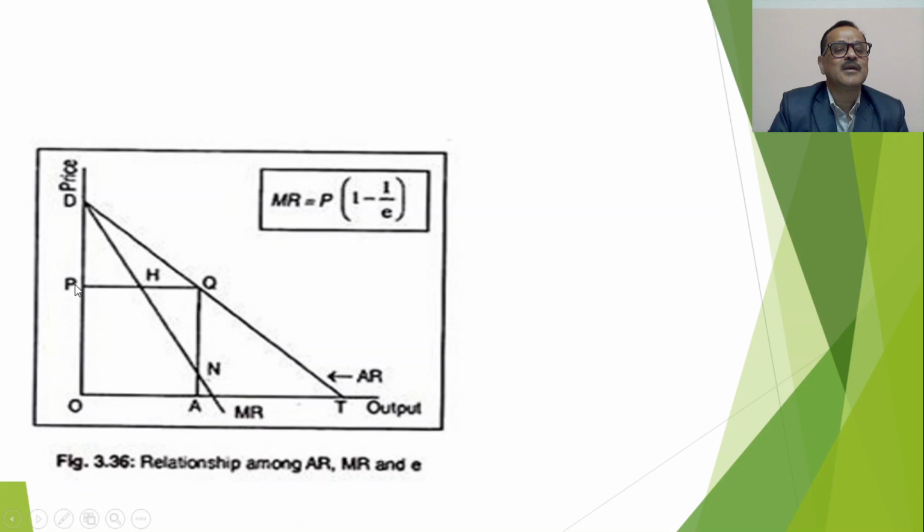If the triangles are similar, then this side becomes proportional to this side. Okay, so we can write this.